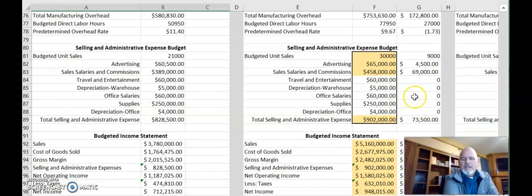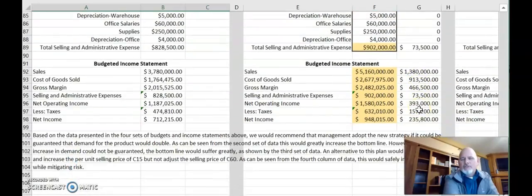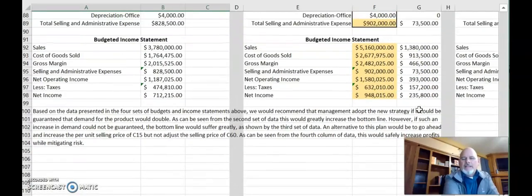So the selling and administration expense budget would also be impacted. It would go up by about $73,500 over our original expenses. So the bottom line, the budgeted income statement, you'll see that we had sales of almost $1.4 million. The cost of goods sold went up by a little over $900,000.